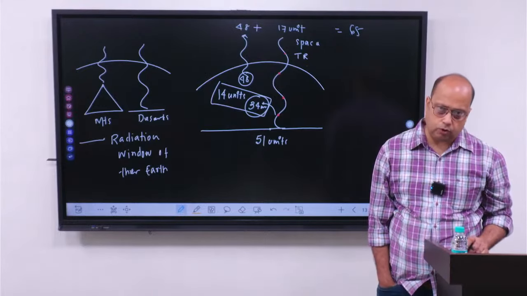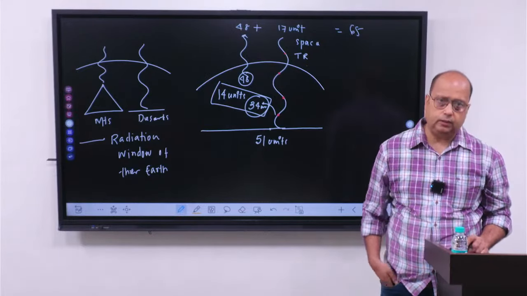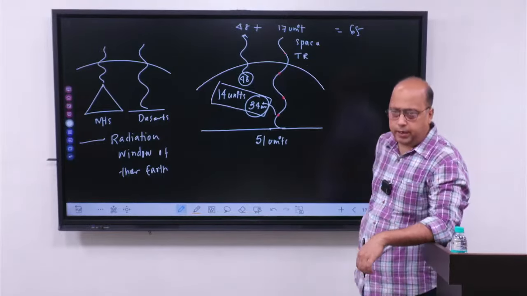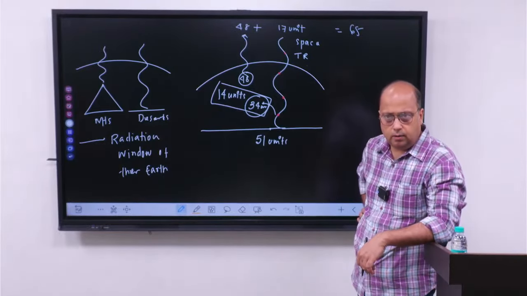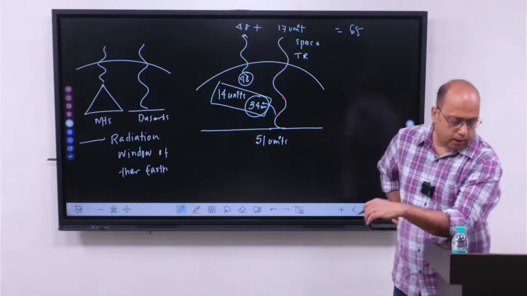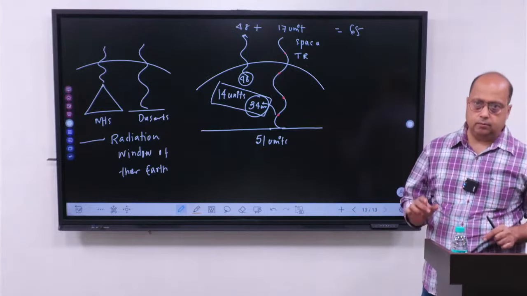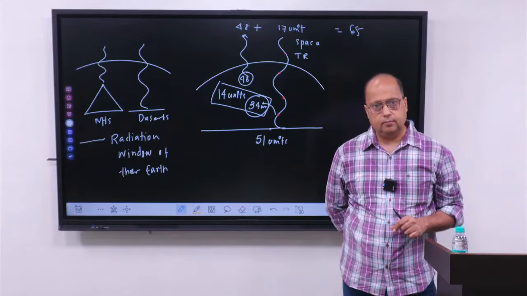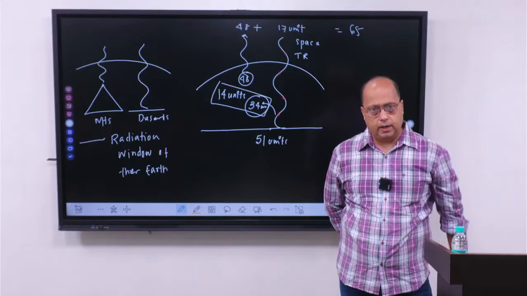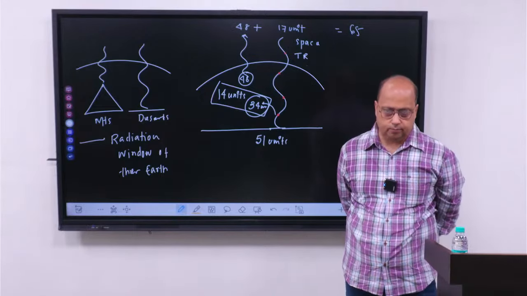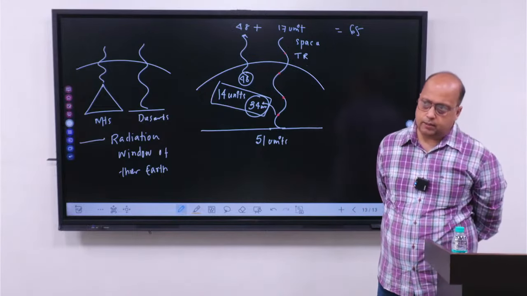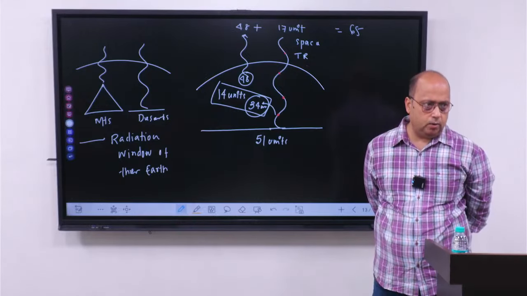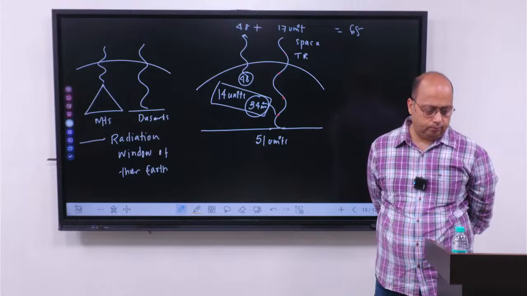In brackets write, through deserts and mountains. And in brackets write, these are known as radiation window of the earth.